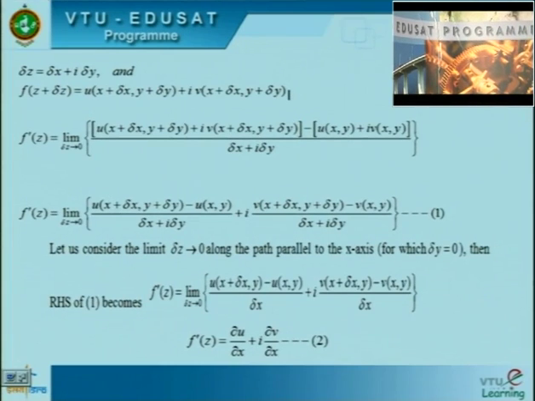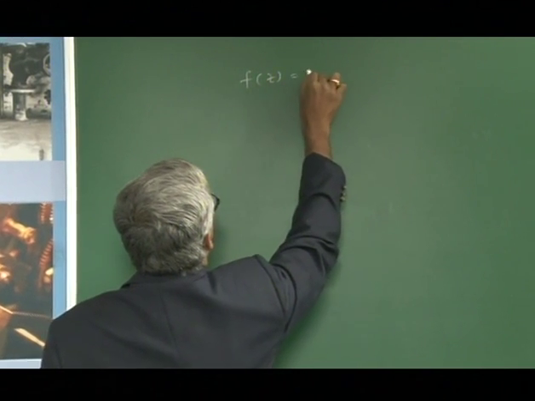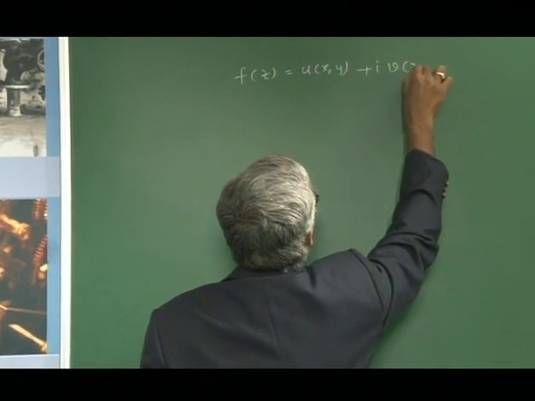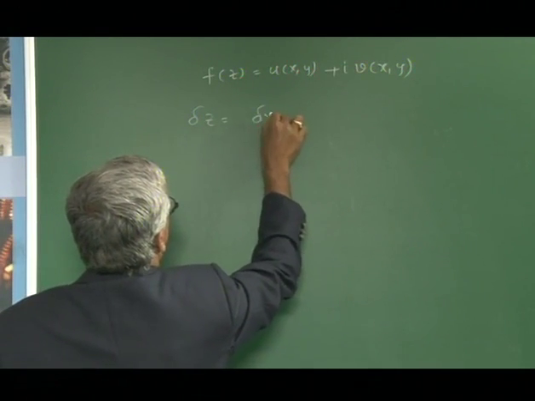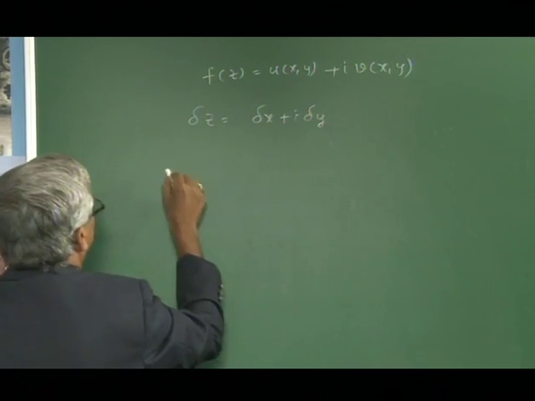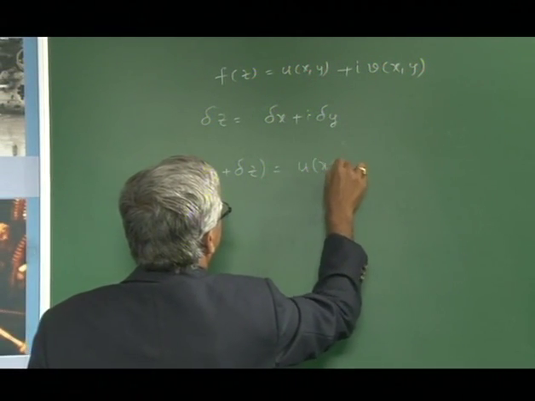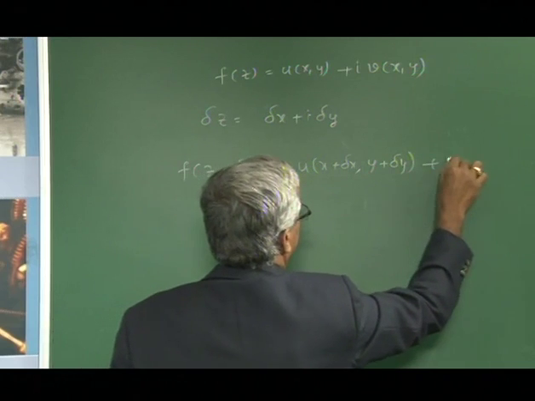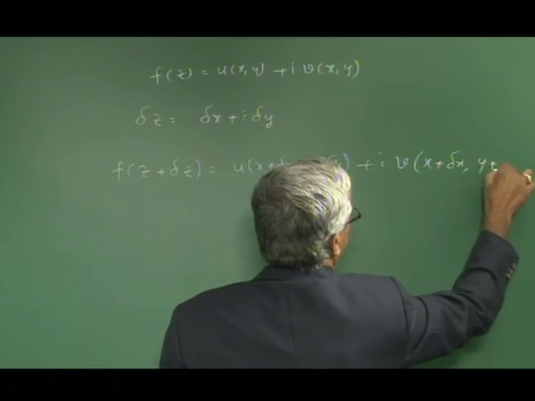We represent this function like this: f of z is equal to u of x comma y plus i v of x comma y, and delta z we have taken as delta x plus i delta y, and f of z plus delta z is equal to u of x plus delta x, y plus delta y plus i into v of x plus delta x, y plus delta y.